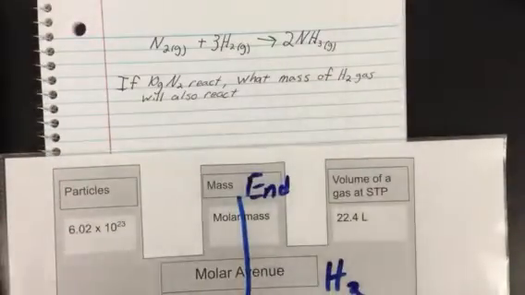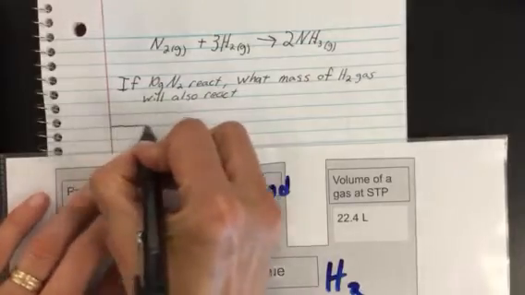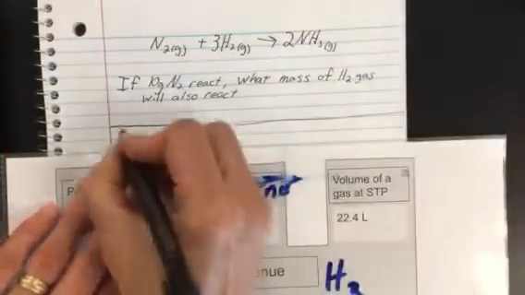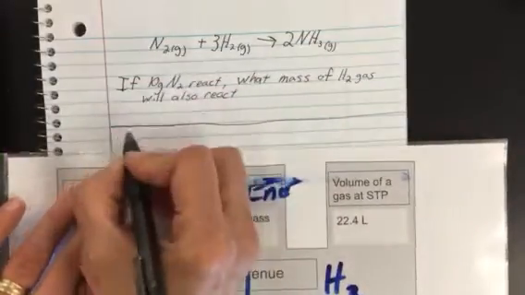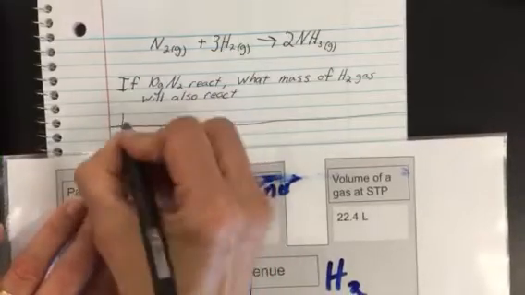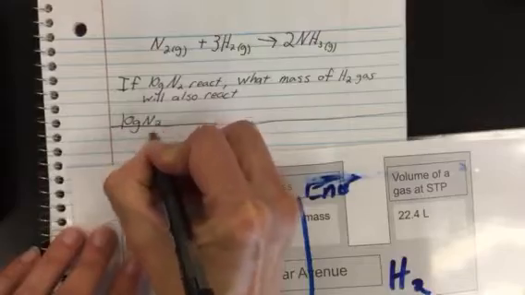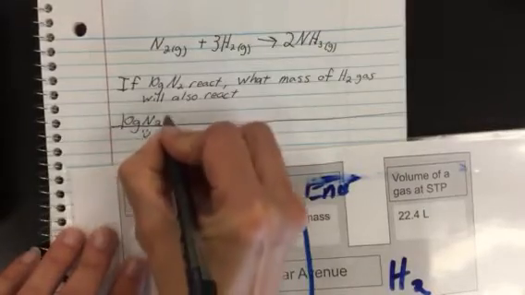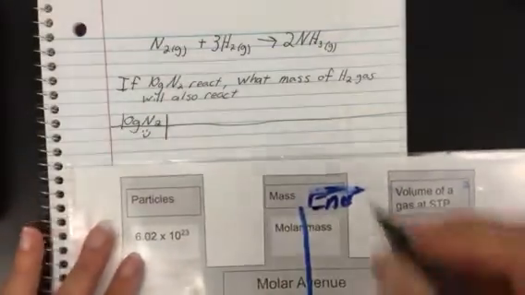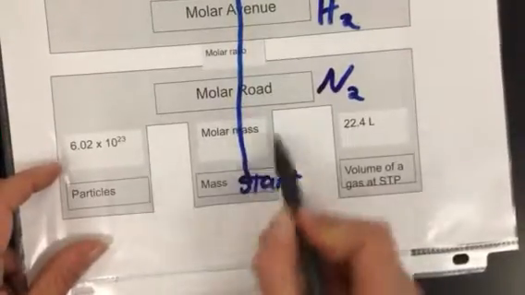Okay, so we're going to start these just like we have started everything else, with a nice long line. We take the number out of the question, write it right here, 10 grams N2, and a happy face to make ourselves feel better. Okay, so I smeared my thing. First equality we're going to need is a molar mass for nitrogen.